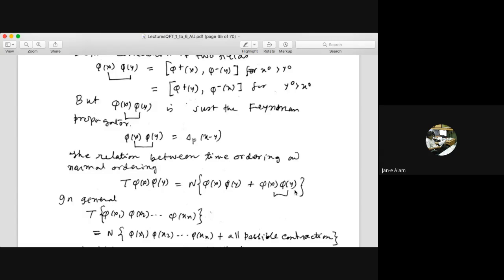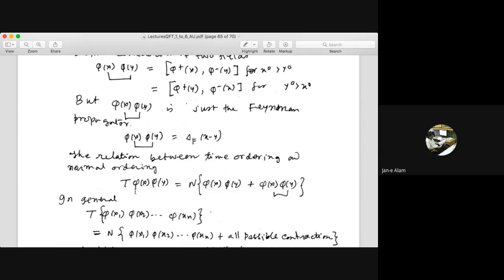Now, the term which is contracted will give a non-zero contribution. Other terms which are not contracted will give 0. Why? Because not contracted means it has annihilation and creation operators, and by normal ordering the annihilation operator is always on the right, and when I take the vacuum expectation value of that, it will give me 0.